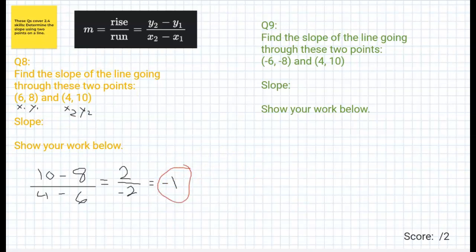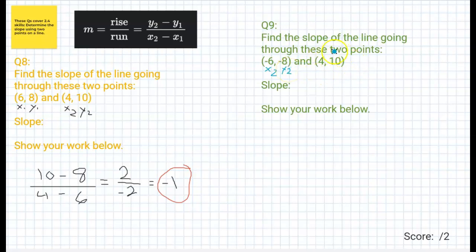Now my second set of points, I'm going to choose this point to be my point 2, so this is going to be my x sub 2 and my y sub 2. I'm just choosing it because I want to.